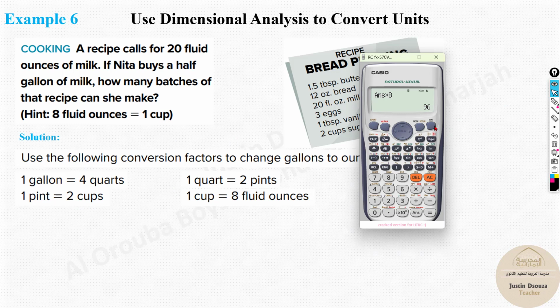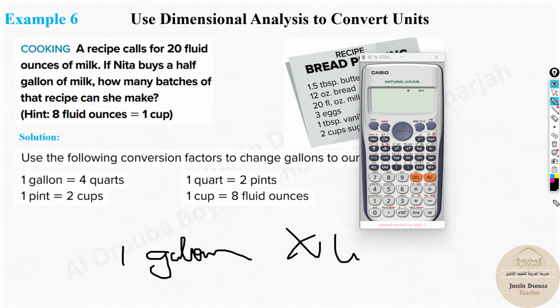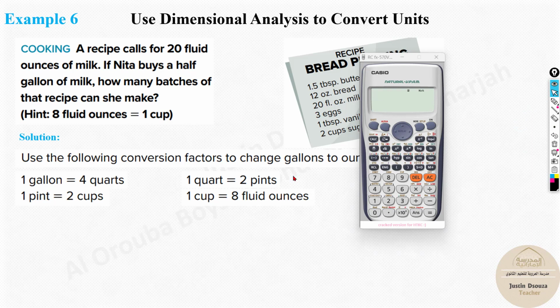Now, how would you convert it? You need to understand that the gallon which you have will be more in other units. If I have 1 gallon, it means many quarts. I need to multiply. Before it was less, right? Now it's more. In the previous problem it was less.